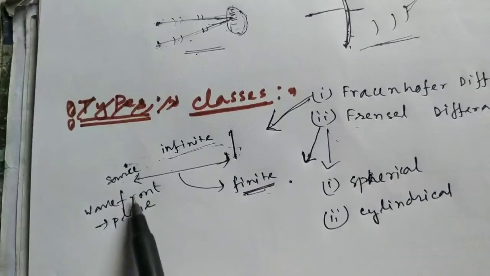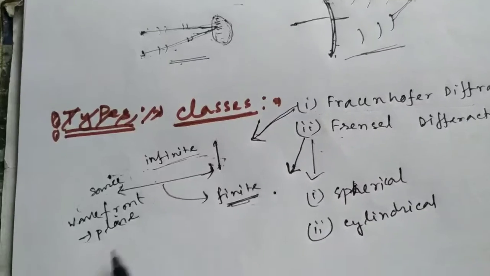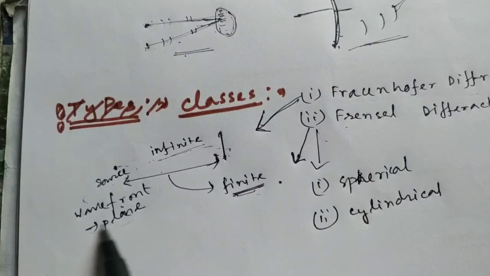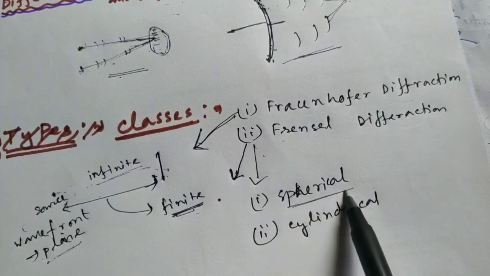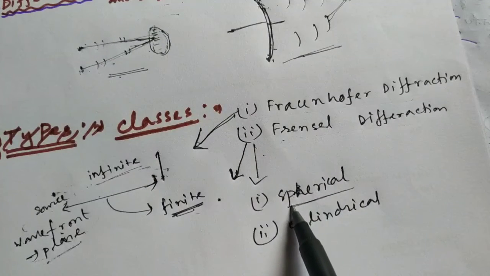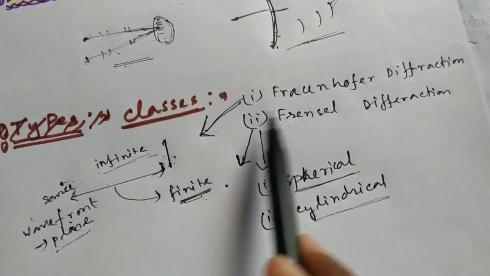So the wavefront in the case of Fraunhofer diffraction is a plane wavefront, and in Fresnel's diffraction the wavefront is spherical or cylindrical. So these are the differences between the two classes of diffraction.